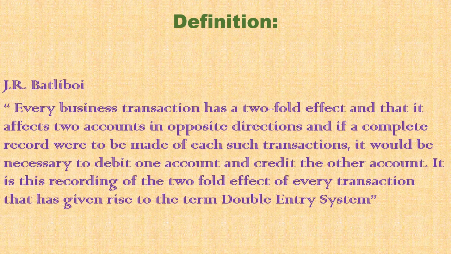Both we are considering as real accounts. Cash is what goes out, so it will be credited. So every business transaction has at least two accounts affected in opposite directions. One will be debited and the other will be credited.